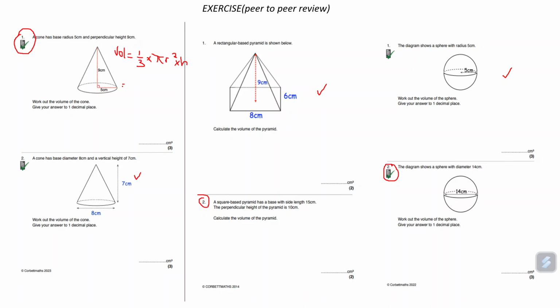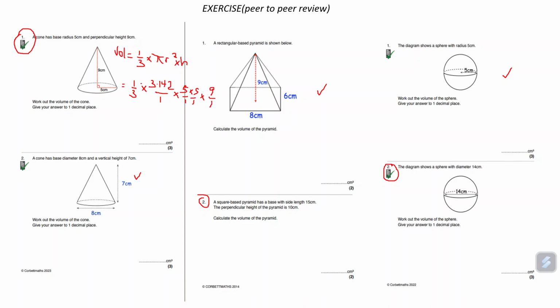So to simplify, this will be 1 over 3 times, remember the value for your pi is always 3.142, times our radius, which has been given as 5, so times 5 times 5, times the value for your height, which is 9.